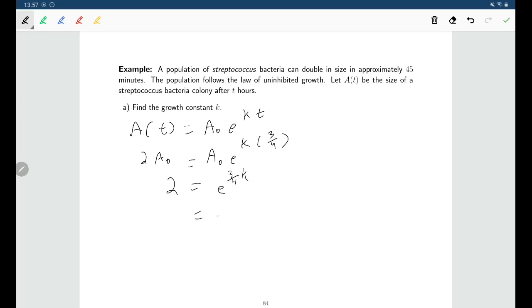Or in other words, natural log of 2 equals 3/4 k, or k is equal to 4/3 natural log of 2. And there we go. We've got our growth constant. Our growth constant k is 4/3 natural log of 2.